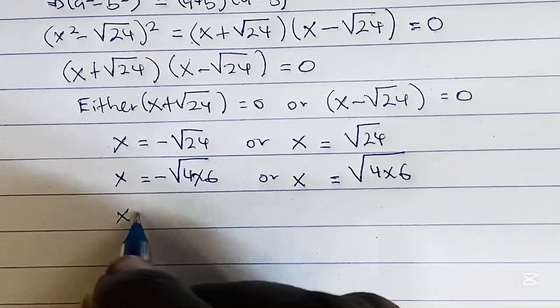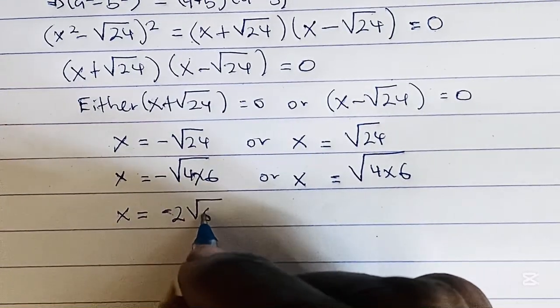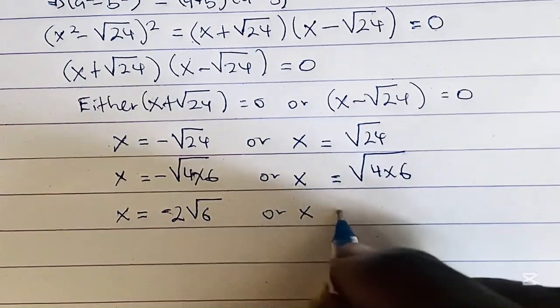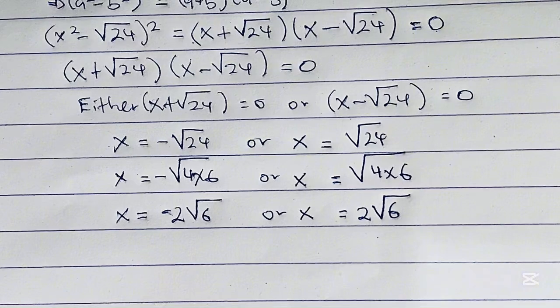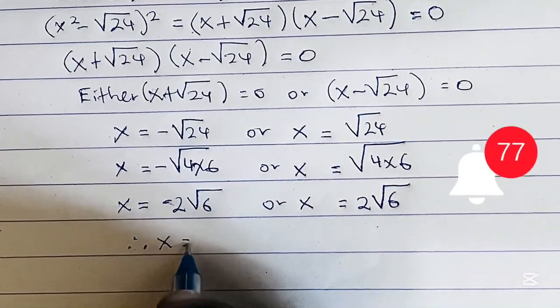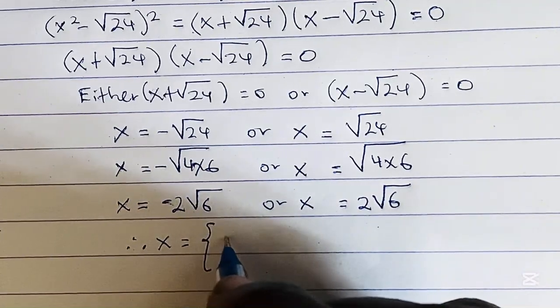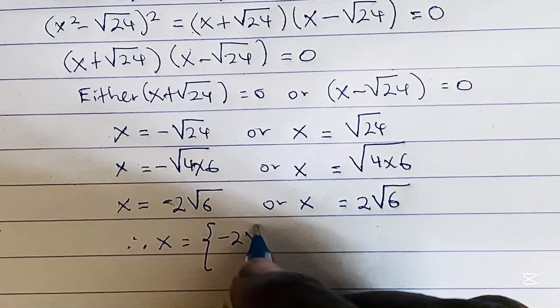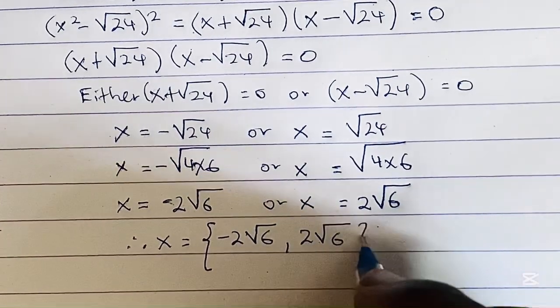So x is equal to negative 2 root of 6, or x is equal to 2 root of 6. So therefore x is equal to negative 2 root of 6 and 2 root of 6.